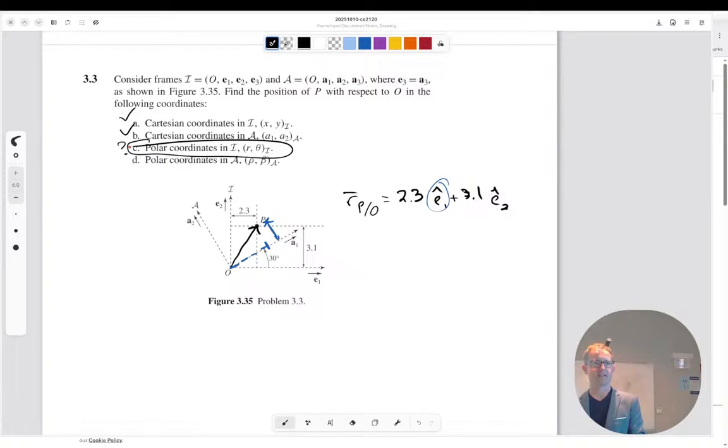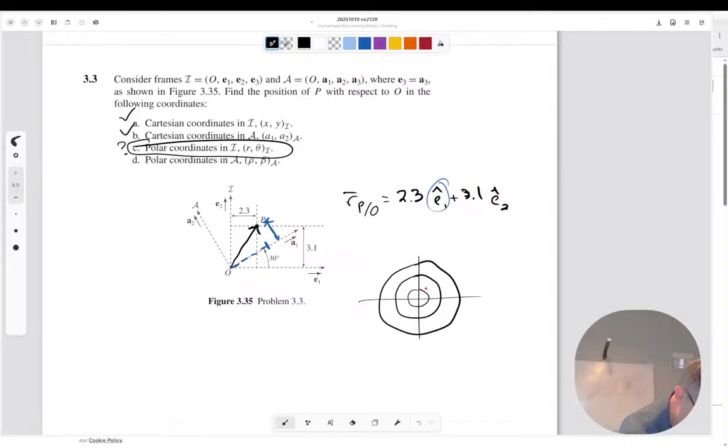Yeah, so the general idea is we're trying to keep track of where, so theta is just telling us a direction, and then r is telling us how far away from some origin we are.